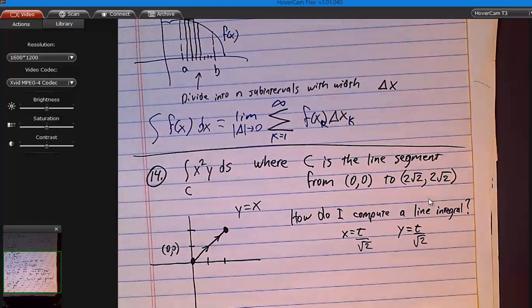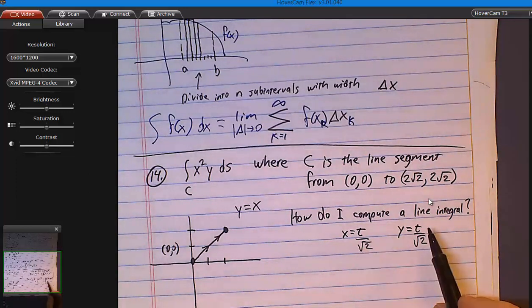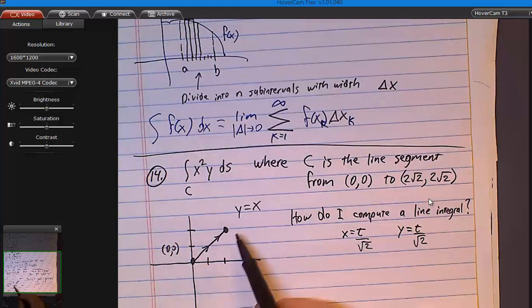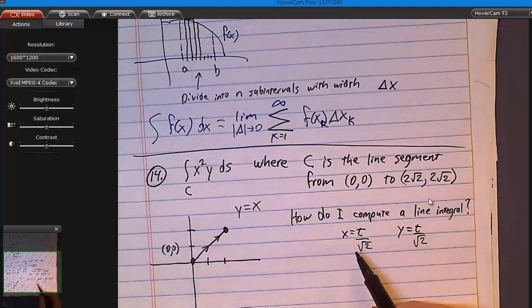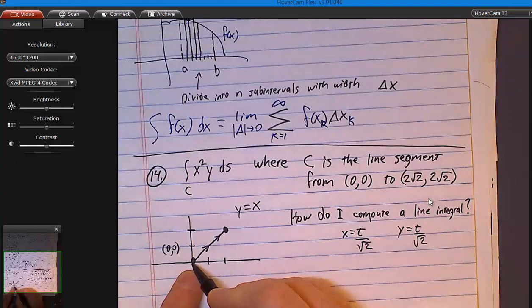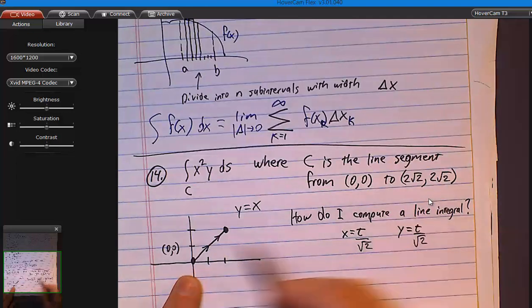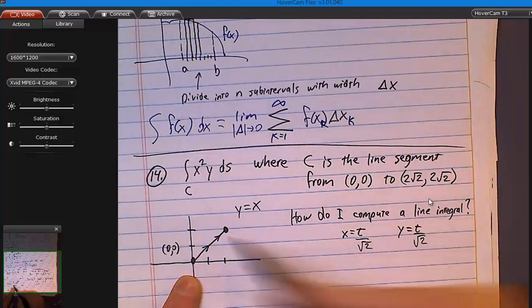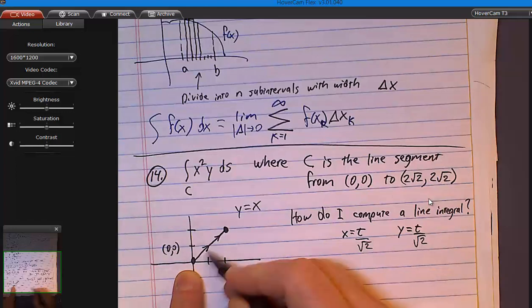Why? Well, because what I want to have happen is that I measure the arc length as I move along. So, for example, what is the length as I go from 0 to 1?